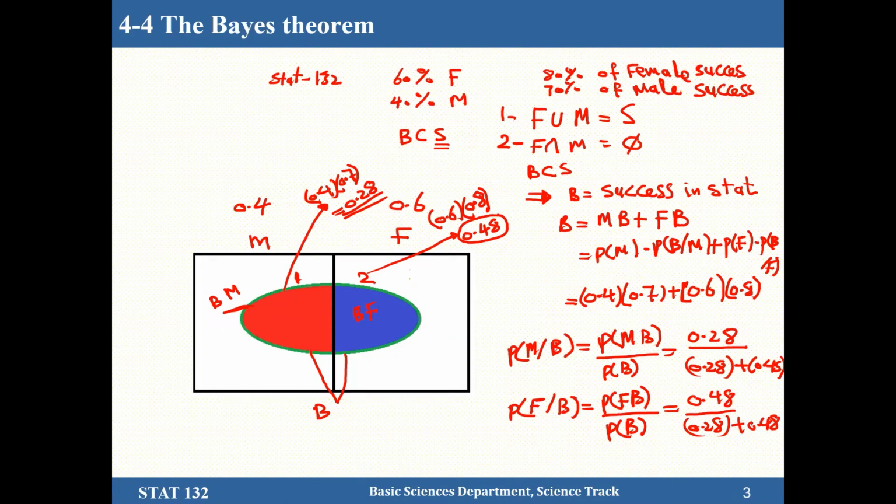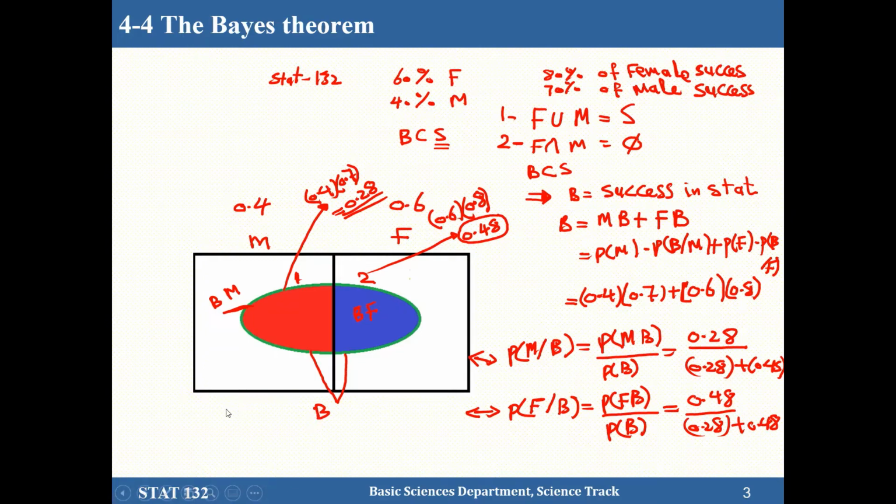Just like 1 over 1 plus 2, and this is 2 over 1 plus 2. This is Bayes' theorem. And we call it the partition theorem, because we get this from 2 parts. I think now it's clear. Now you understand Bayes' theorem.